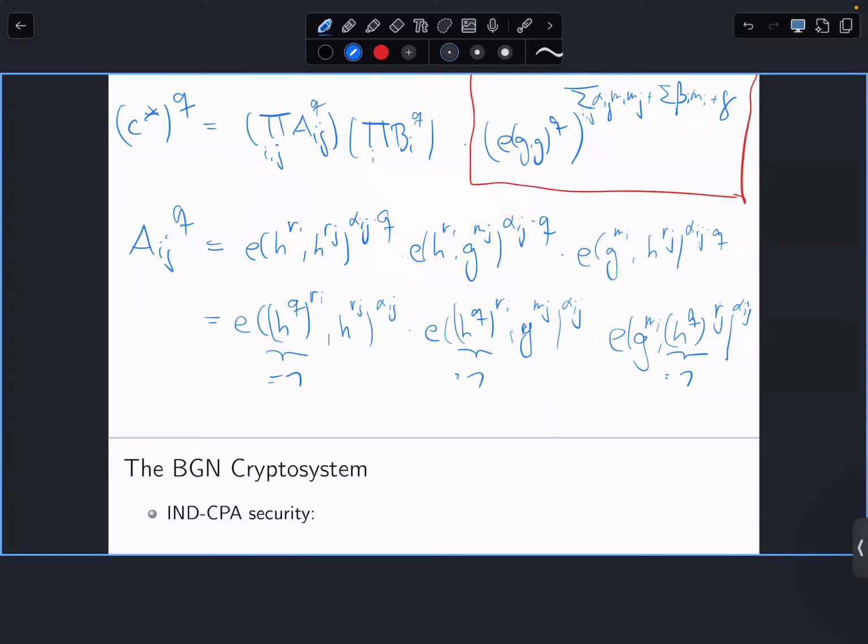I mean, we already had that in the definition of bilinear maps: if you pair something up with one, the resulting thing is one in the target group, right?